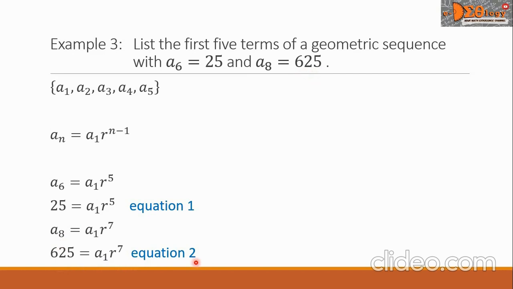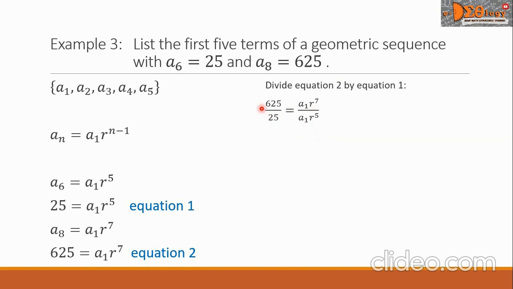Our next step is to divide equation 2 by equation 1. So the left side will be 625 over 25 equals, the right side is a sub 1 times r raised to 7 all over a sub 1 times r raised to 5. Let us simplify both sides of the equation.